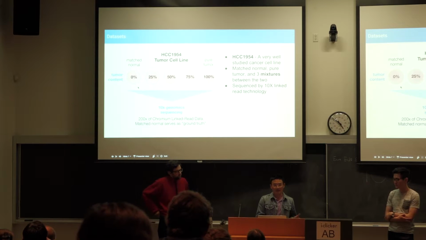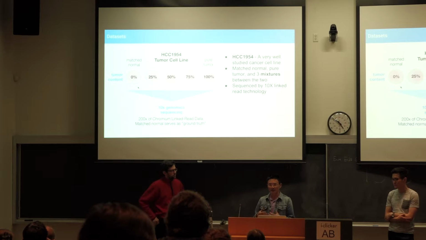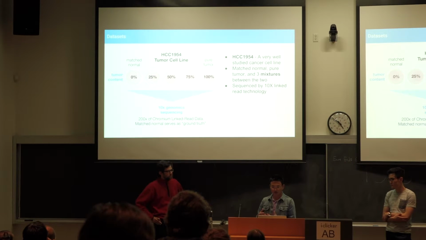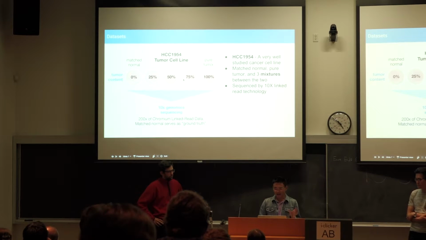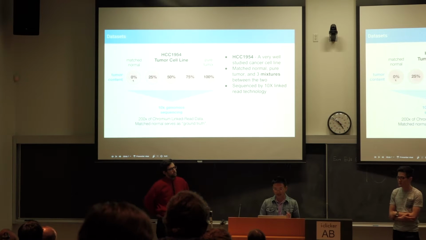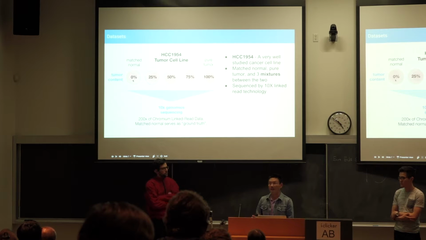As Eric mentioned, our goal is to test whether we can detect the somatic mutation without the normal control, but we want to use this series of samples to evaluate our methods. So the matched normal with 0% of tumor content served as ground truth.